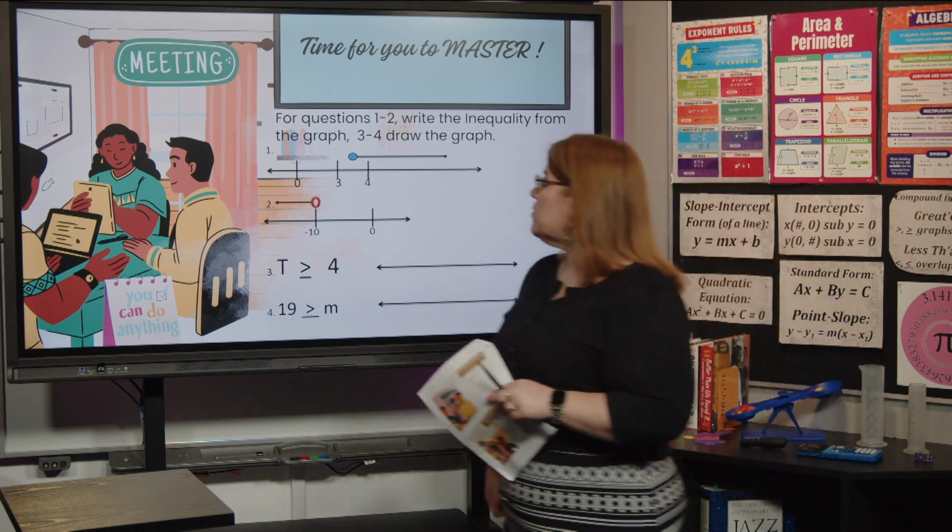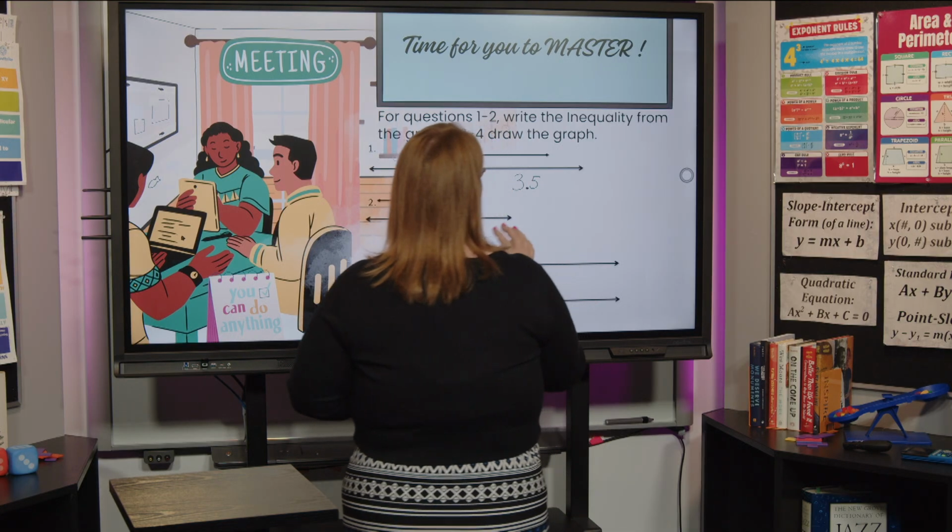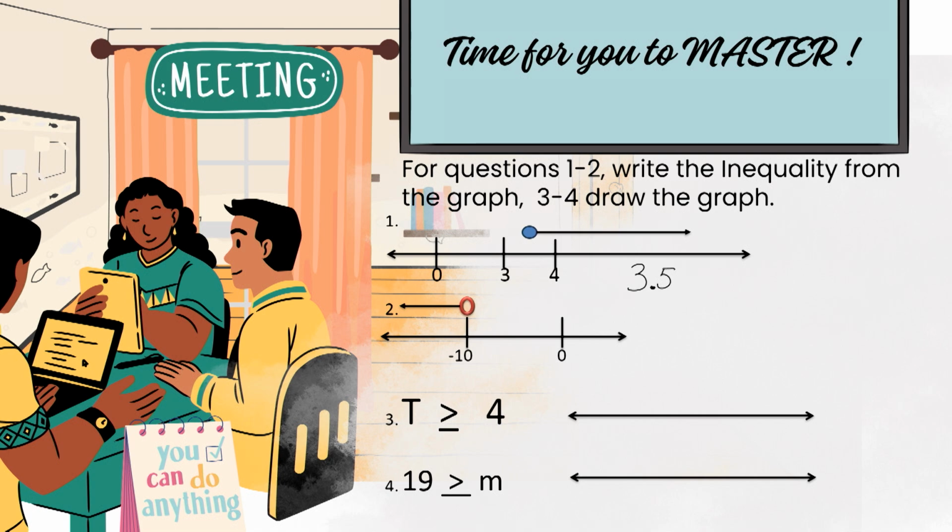So number 1 says that I have a closed circle, so I've got some kind of equal to, and it's between 3 and 4, and it's kind of in the middle. So I'm going to say it's 3.5, and my graph shows me that my unknowns are getting bigger. So 3.5, I would say, is less than or equal to my unknowns.